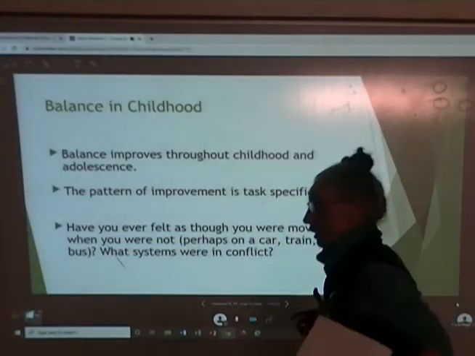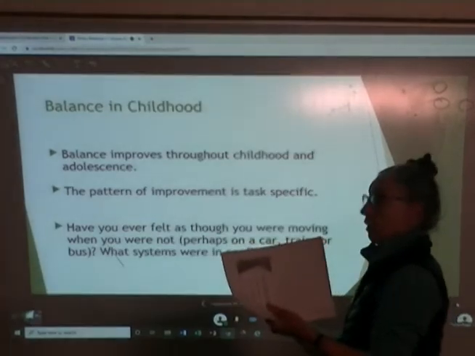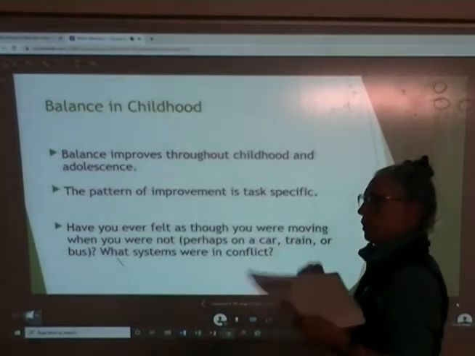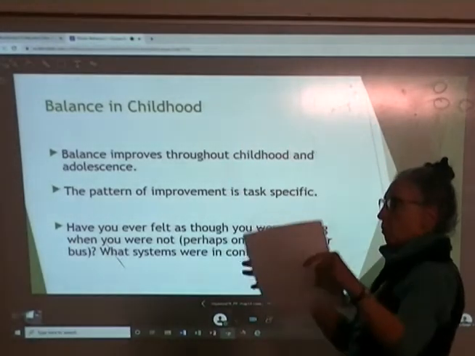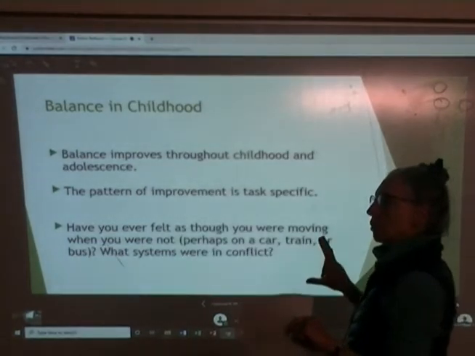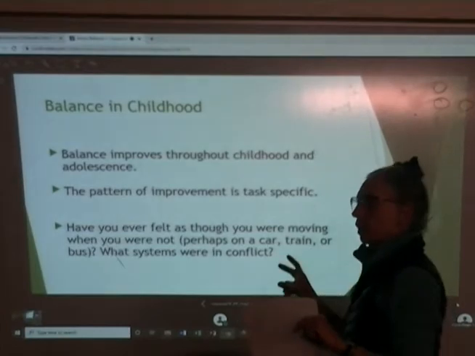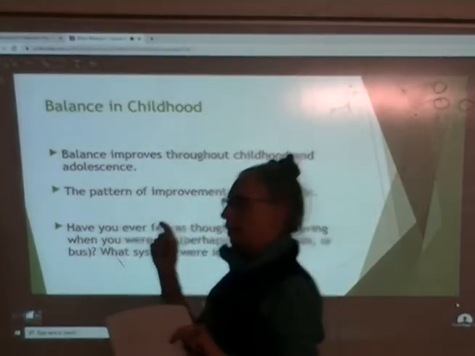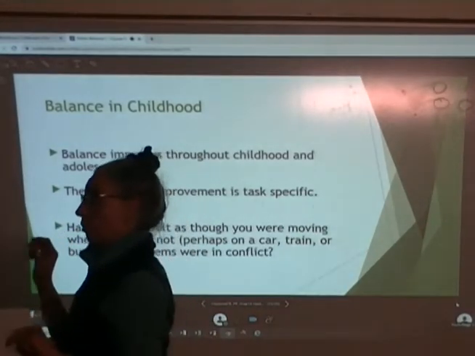And you sort of do this sway in your seat, and then you realize it's not you, it's not your form of transport that is doing the moving. Which systems are in conflict there, right? Why does the brain get confused?